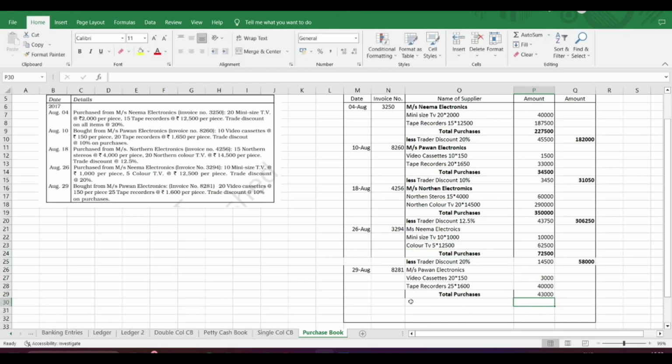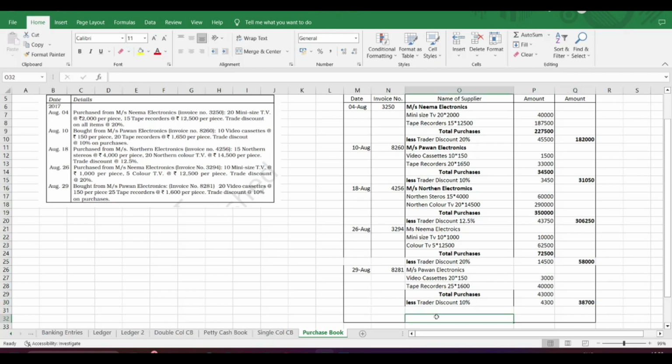From this 43,000, they are allowing us trade discount of 10%. So trade discount of 10% would be 4,300. 43,000 into 10%, 4,300, and total credit purchases will be 43,000 minus 4,300. That is 38,700 for 29th August.